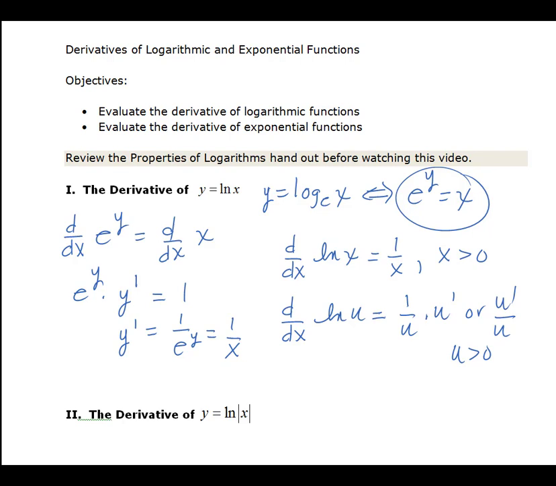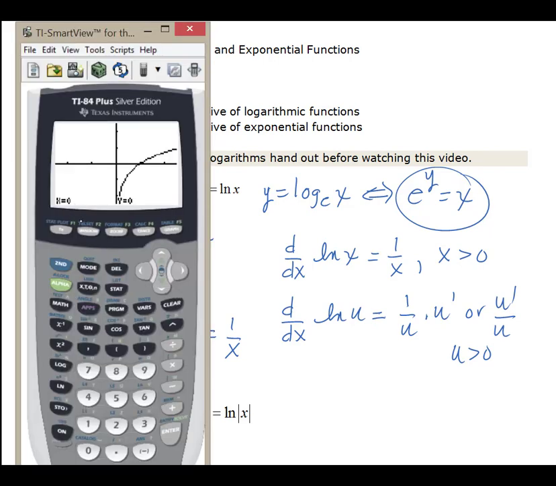When we think of the natural log function, let's graph that function and take a peek at it. Now I've got the graph of y equals the natural log of x here, and you can see the domain is x is greater than 0. This function is always increasing, so the slopes are always going to be positive.